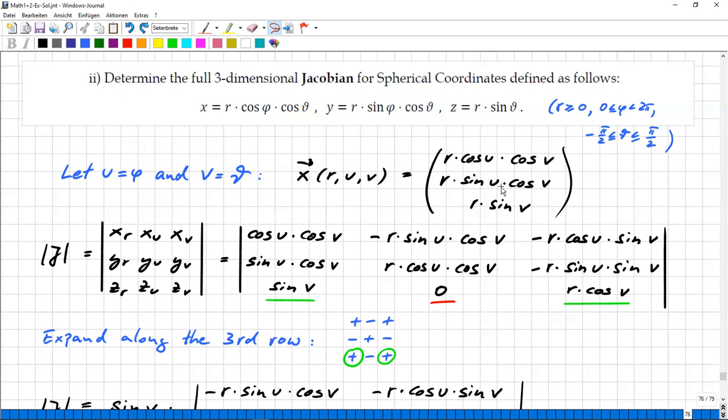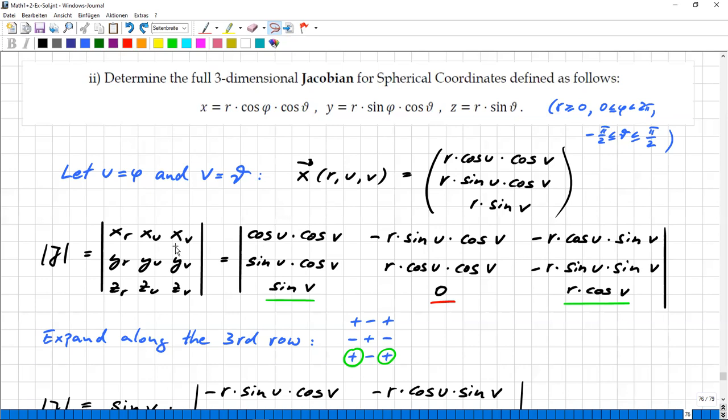Then we just want to calculate the determinant of the Jacobian matrix, which is set up from the old coordinates, each partially differentiated with respect to one after the other of the new variables. I decide to use the order r, u, v.